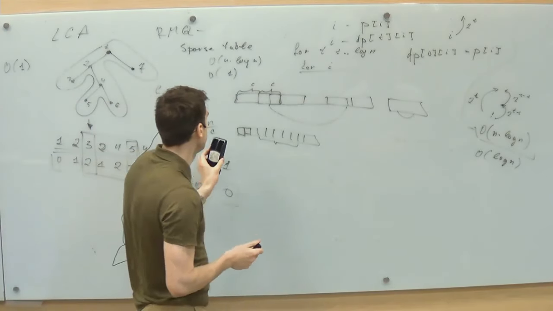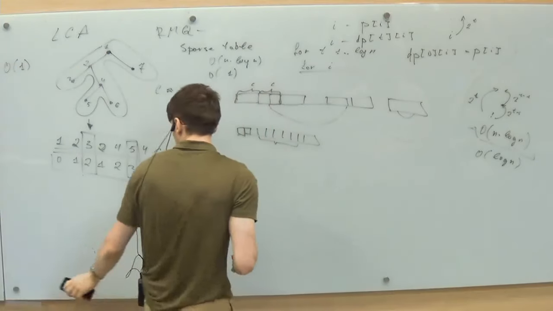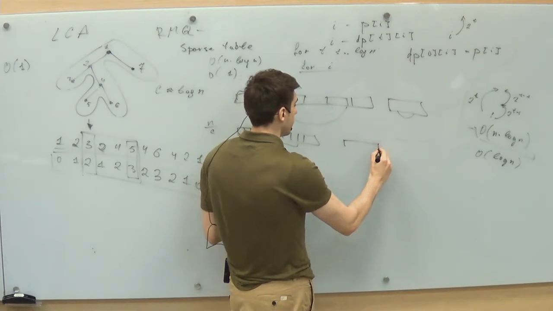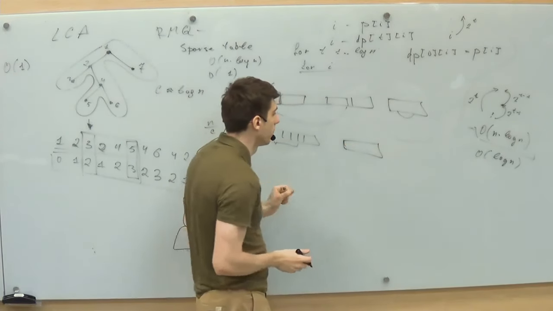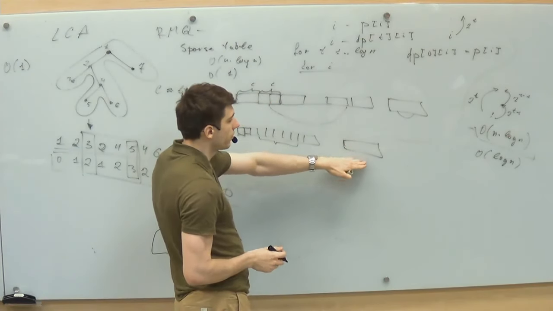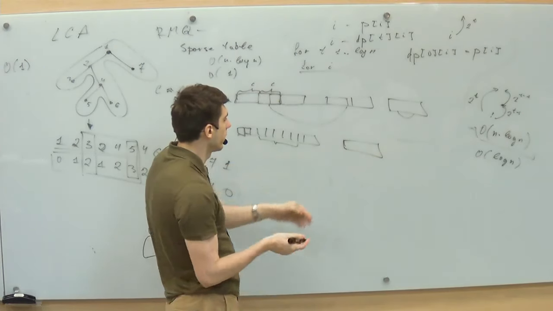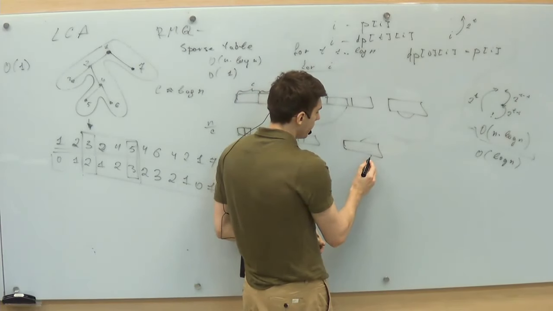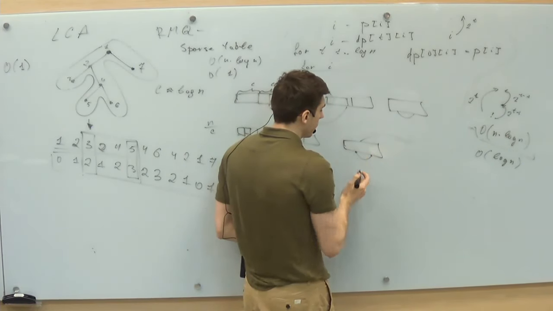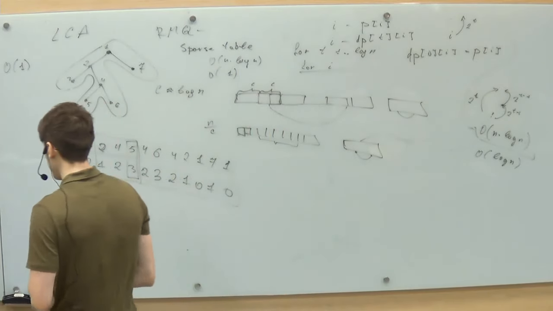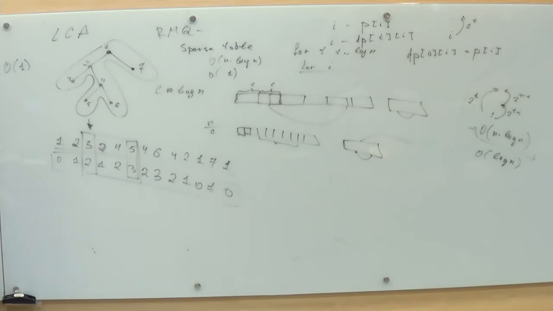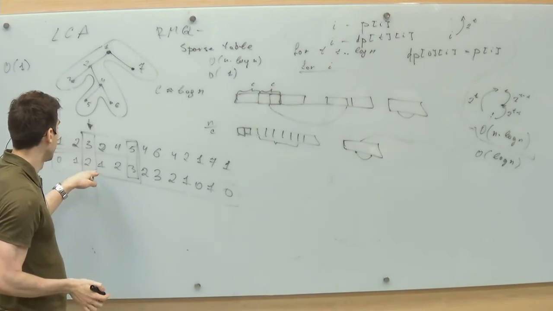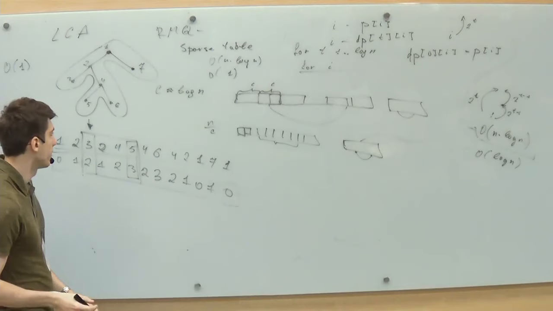But what can we do for the blocks which are only partially covered by our query? So it can be a prefix or suffix, or if it's inside. Here we will use the fact that the numbers in this array are always previous plus 1 or previous minus 1.